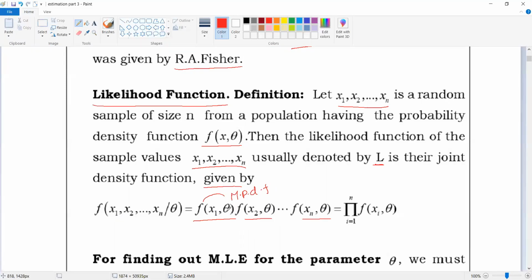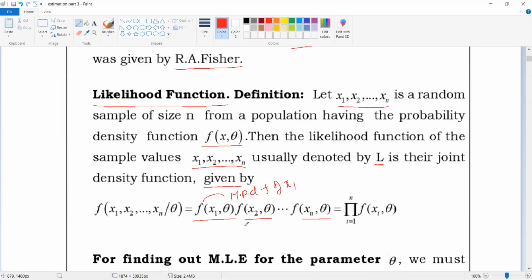If x is a discrete random variable, f(x1, theta) is the marginal probability mass function of x1. If x is a continuous random variable, then we consider the marginal PDF of x1. The parameter is theta.